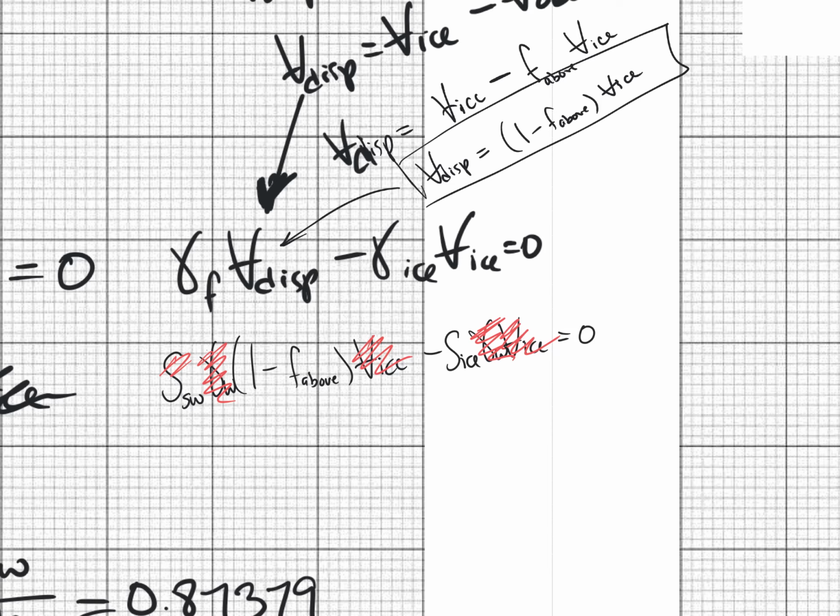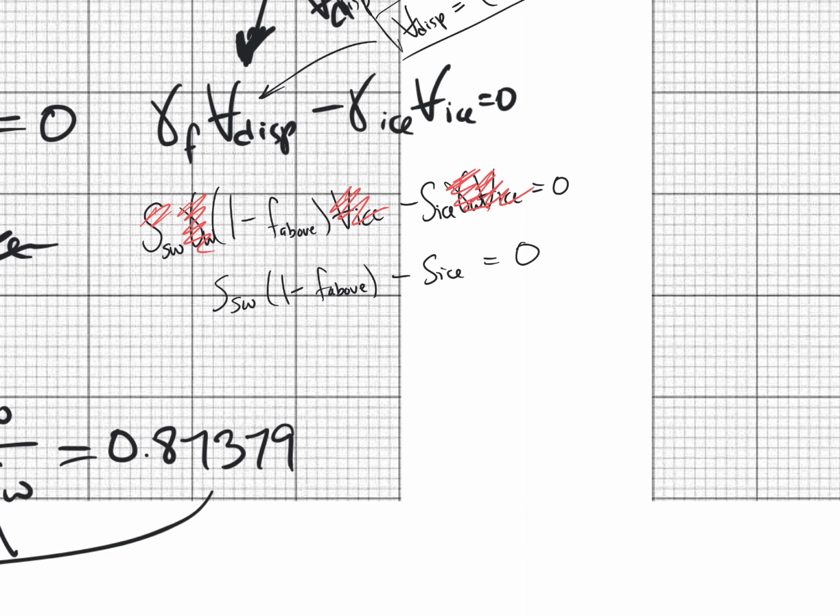So I'm left with a nice equation: S seawater times (1 minus F above) minus S ice equals 0. All right, so then we can solve this equation by plugging in 1.03 times (1 minus F above) minus S ice, which is 0.9, equals 0.